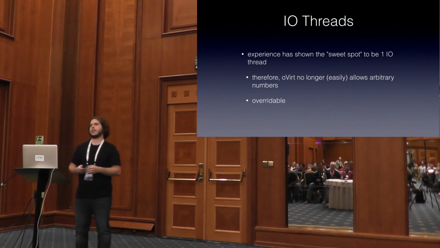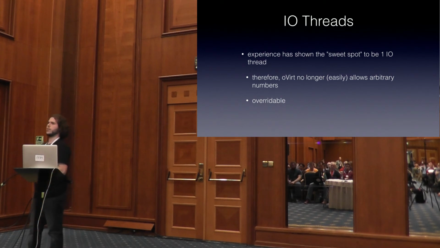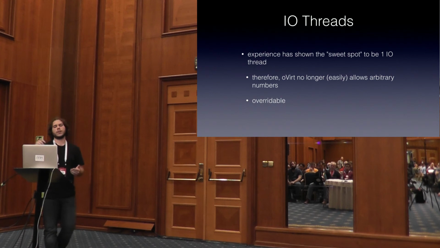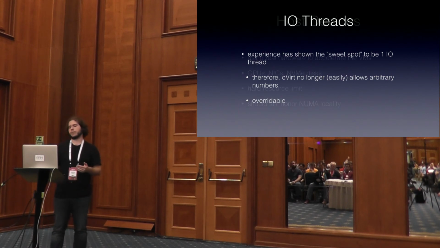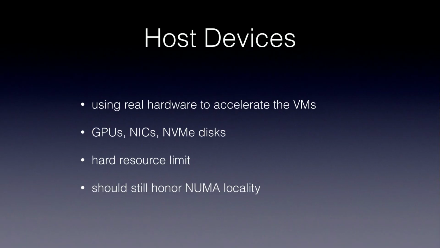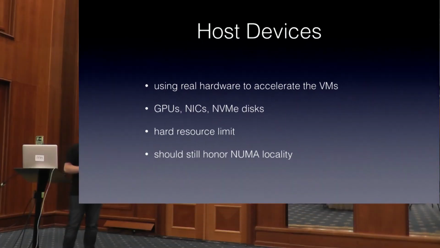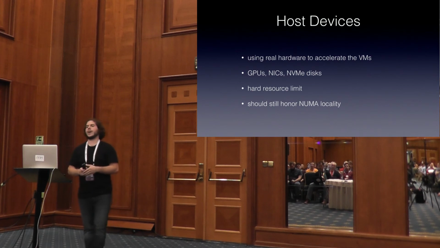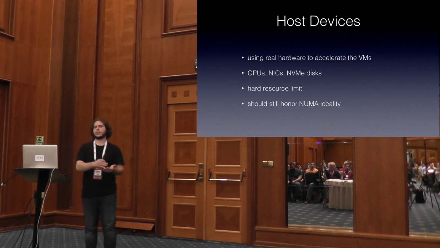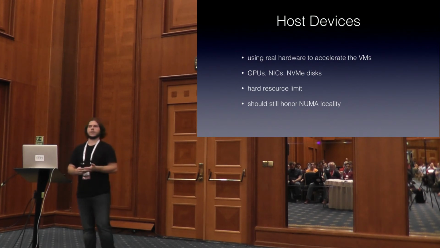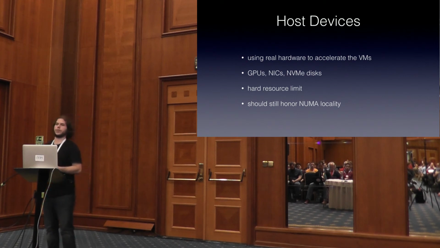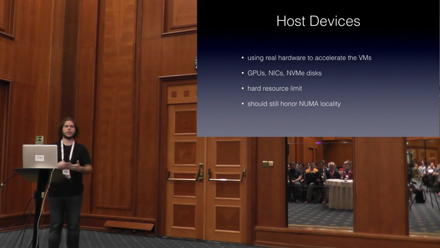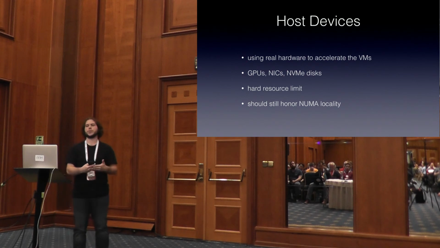Then we had disks, where you start having to choose between some kind of features and some kind of performance benefit. Now there's the biggest issue, and it's host devices. That's using real hardware. That means GPUs, NICs, NVMe disks. This is the recommended choice if you really want to push performance of one aspect to the maximum.